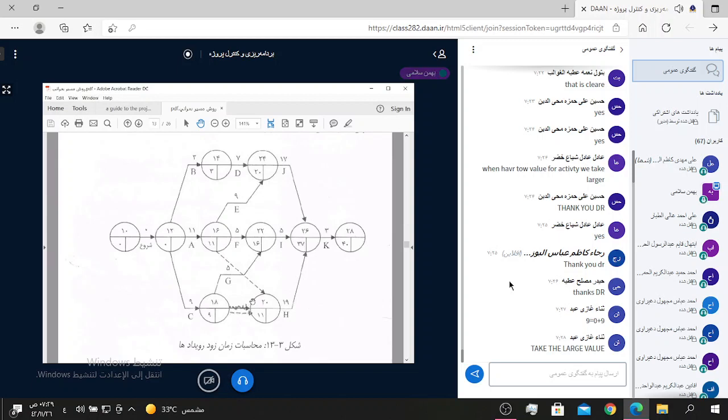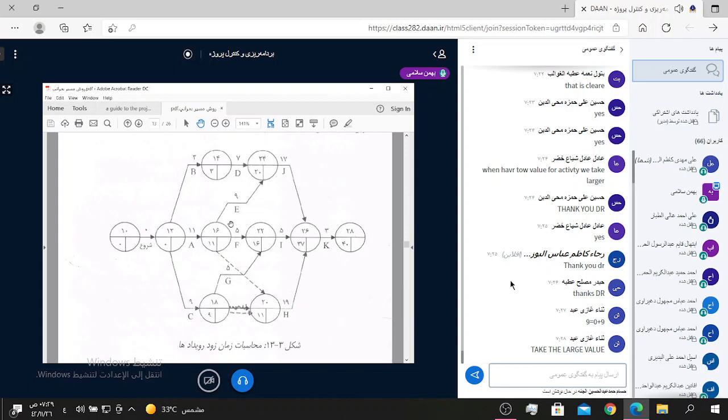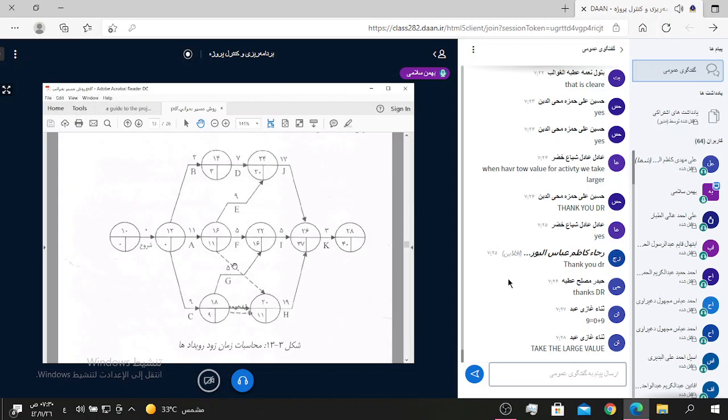For example, for node 20, we use ES for node 16, which means 11 plus 0, where 0 is the duration of the dummy activity. 11 plus 0 equals 11.